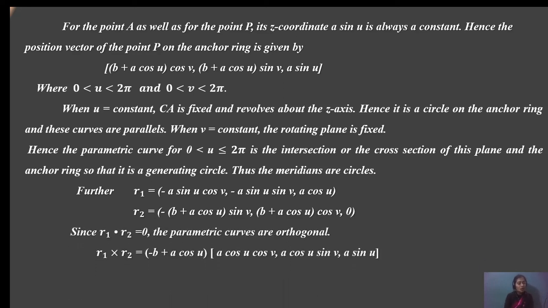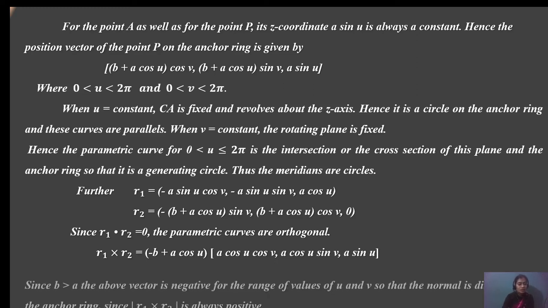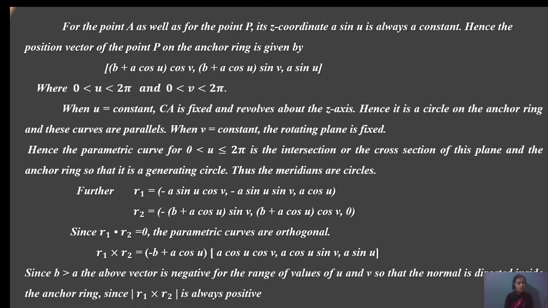Since r1 dot r2 equals 0, the parametric curves are orthogonal, and r1 cross r2 equals minus (b plus a cos u)(a cos u cos v, a cos u sin v, a sin u). Since b is greater than a, the above vector is negative for the range of u and v, so the normal is directed inside the anchor ring.